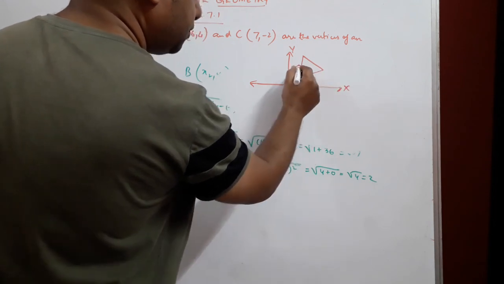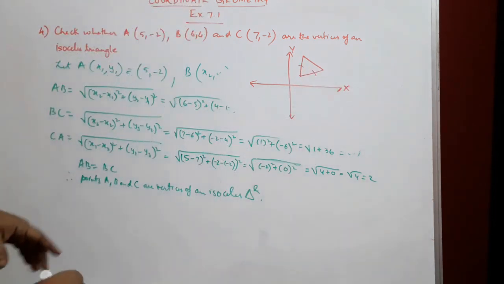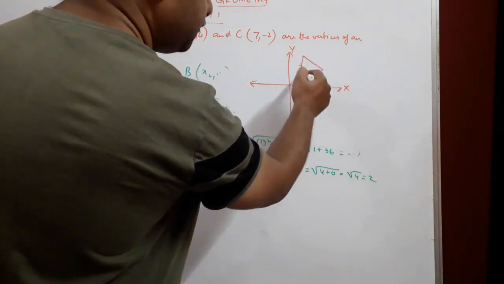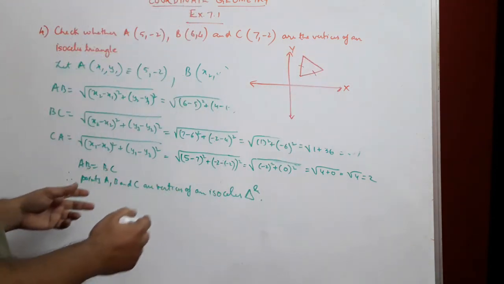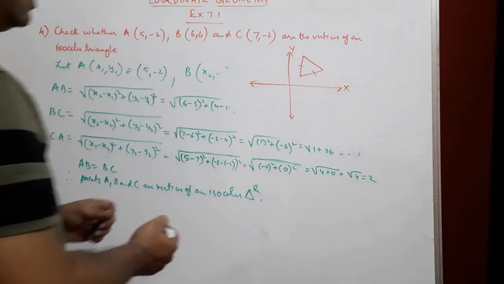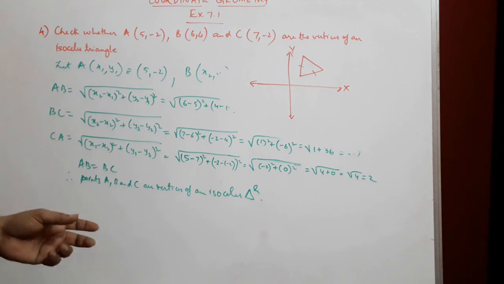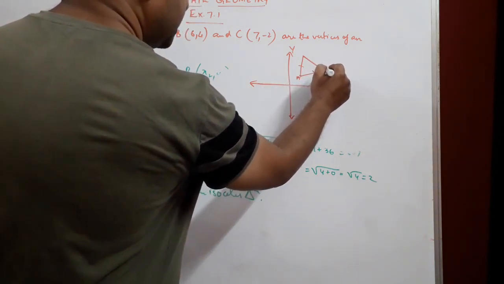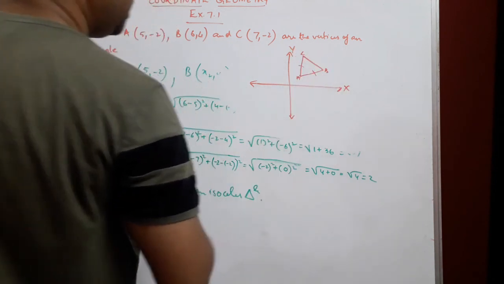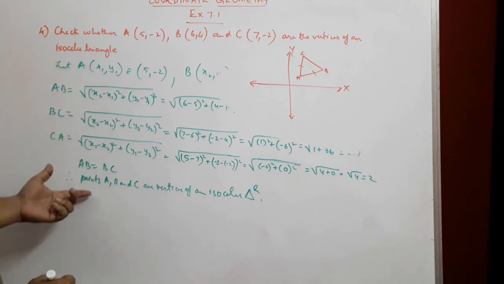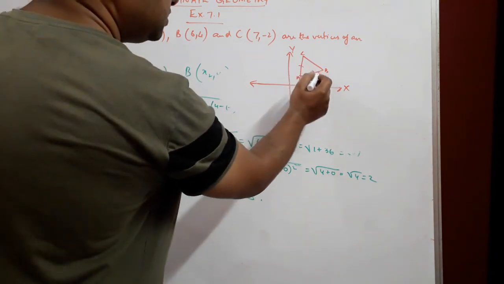Okay. And maybe 2 of these lines that are formed by joining these points are equal. As part of the triangle, that triangle then becomes an isosceles triangle. So if we take this as A, this as B, and this as C, what we have actually shown in our working is that AB is equal to BC.